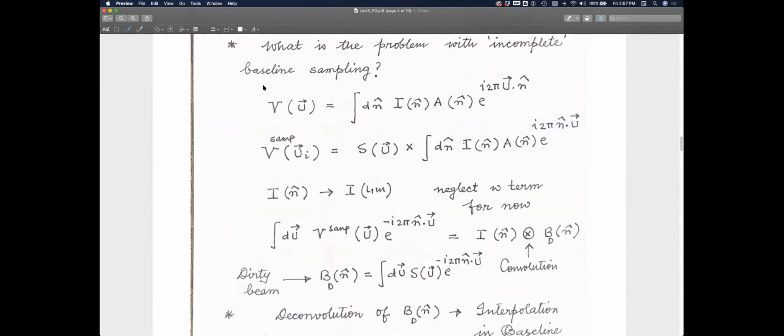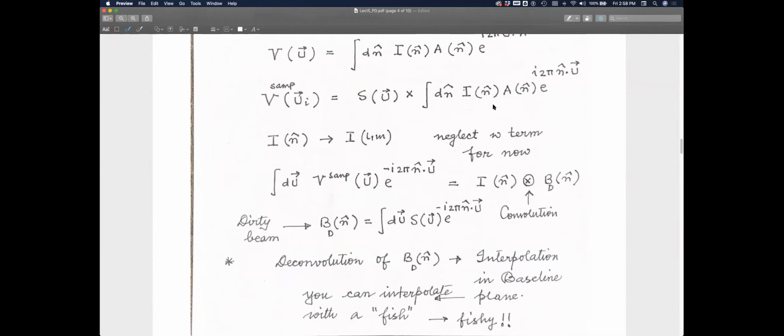If I have the true visibility, which is a function of u, not a sampled function of u, known at every baseline point, then that is some type of transform of this I times A. But the sampled visibility is the same thing that was sitting here, now multiplied by the sampling function.